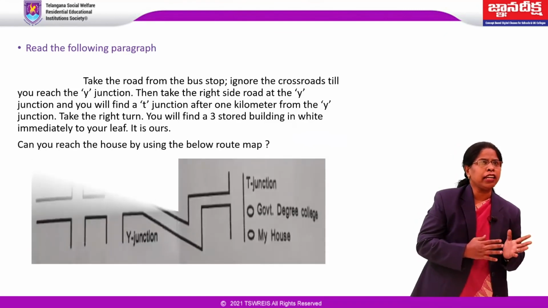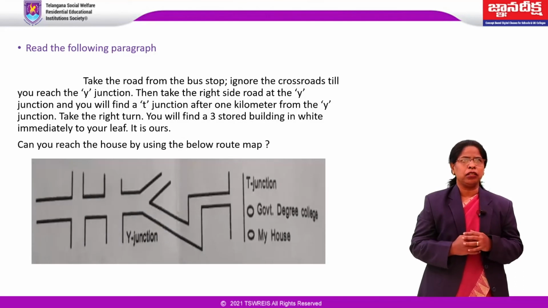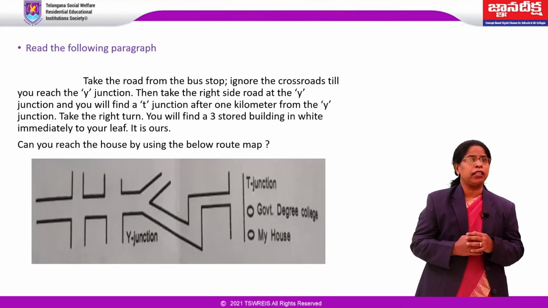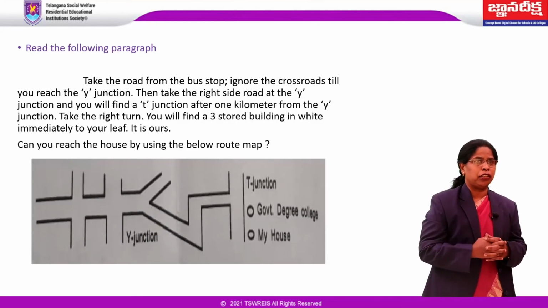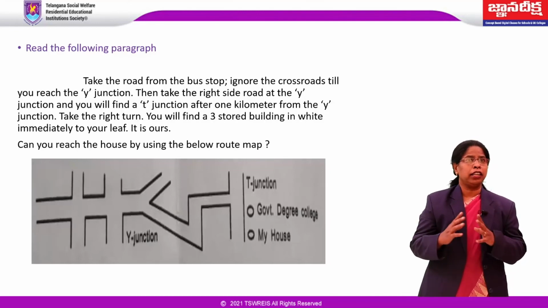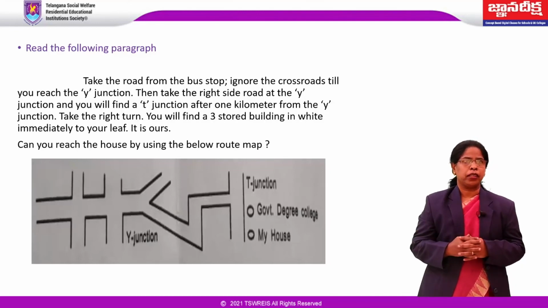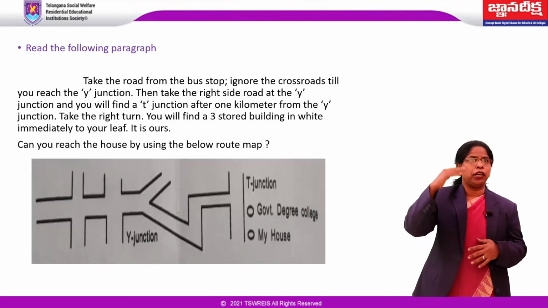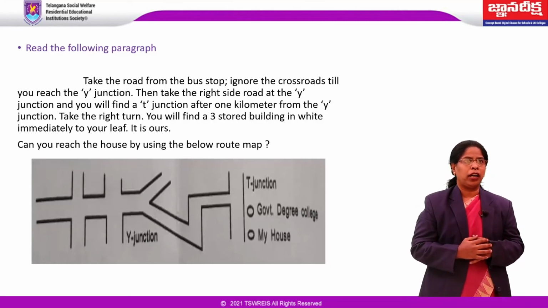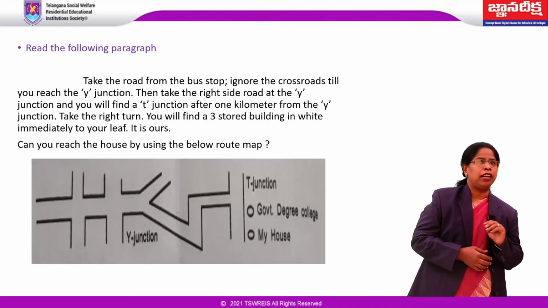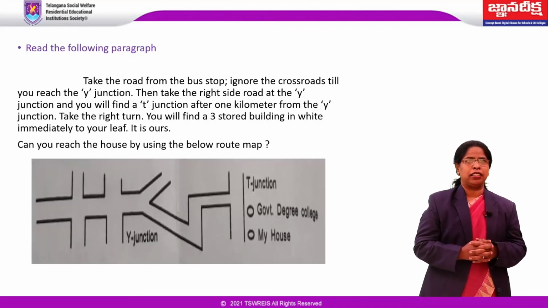Then take the right route at the Y junction and you will find a T junction after 1 kilometer from the Y junction. Take a right turn, you will find a three-storied building, and immediately to your left, it is us.